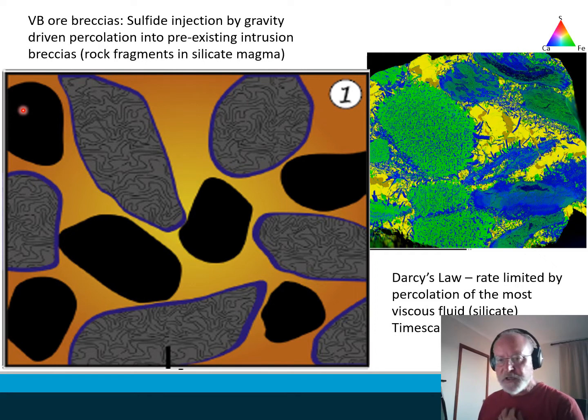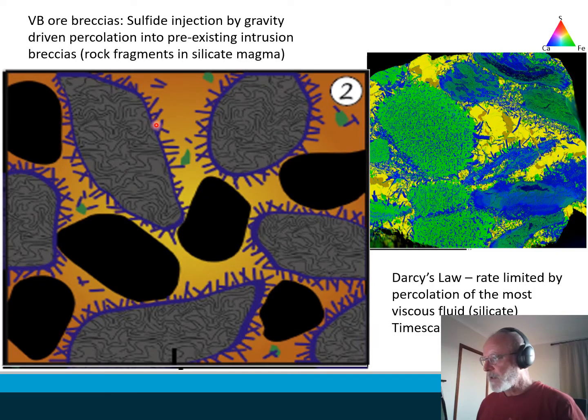Now we don't actually see any of those preserved anymore. So I'm suggesting that maybe they formed higher up in the original network and then got carried down as a slurry during a low energy part of the eruptive sequence. But however they got there, what we have now is a mixture of rock fragments and silicate melt, which is shown in the yellowish color there.